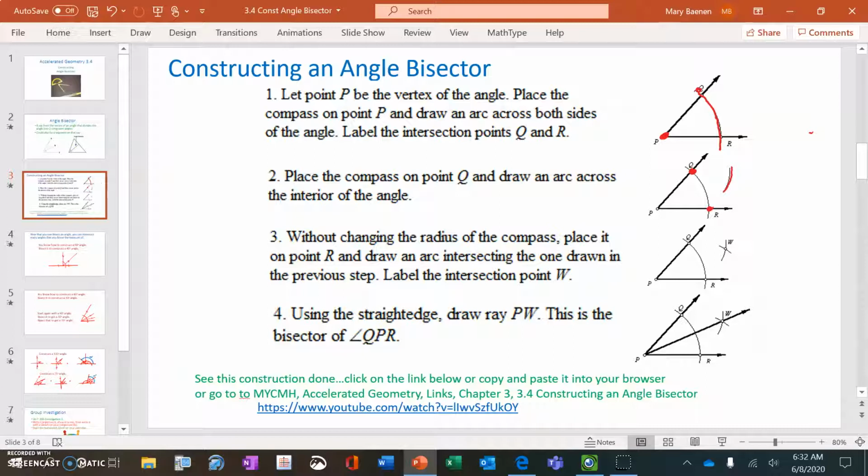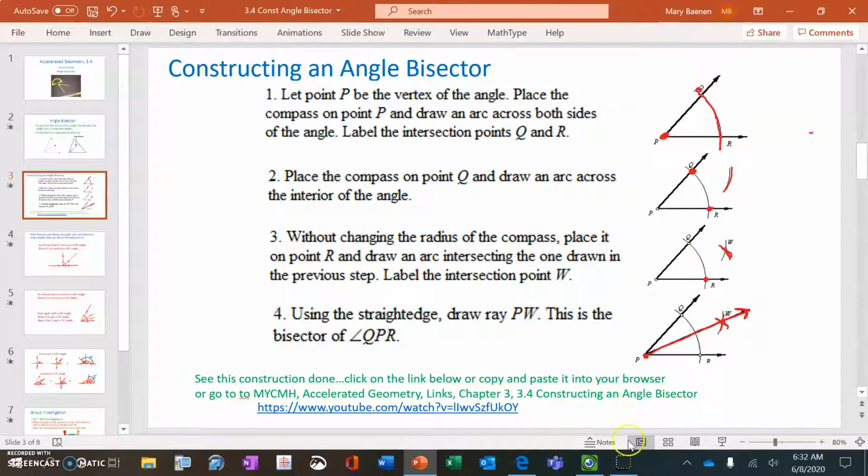Now keep that opening and then stab in at the other intersection spot on the side of the angle and create, with that same opening, another arc. Where those 2 arcs intersect, you connect that point to the vertex. 2 points determine a line. So there is the ray now. That is the angle bisector.